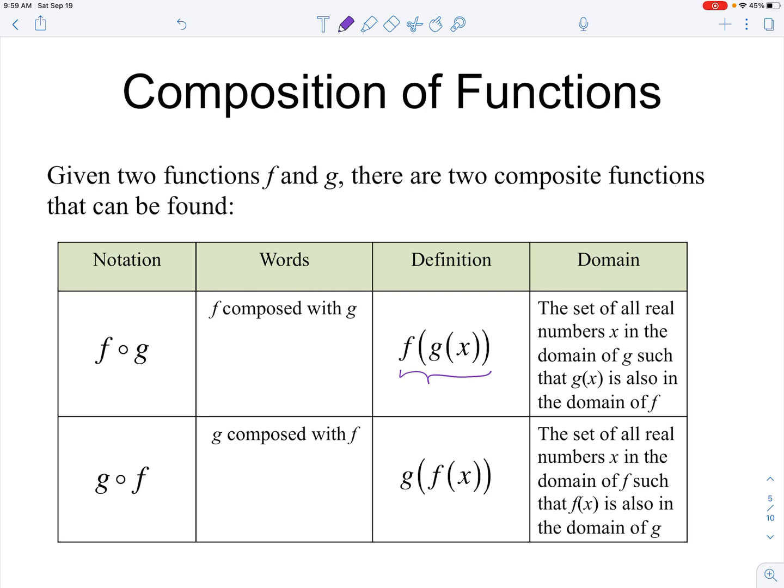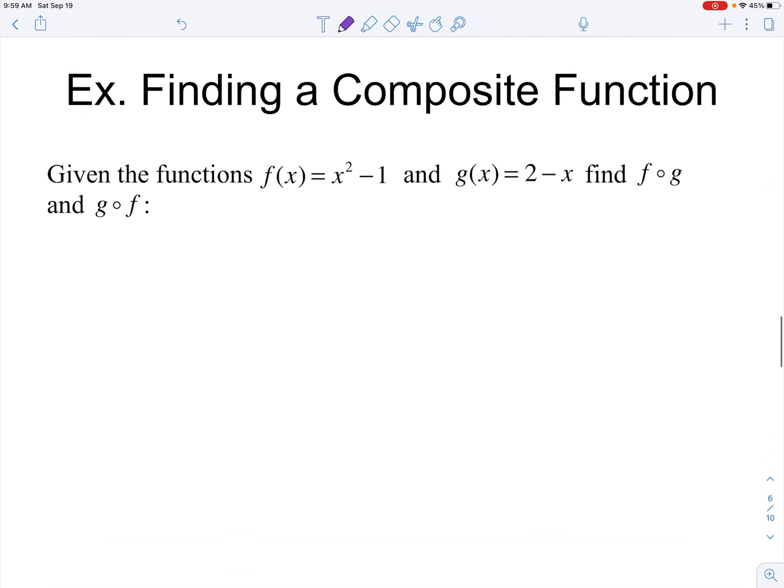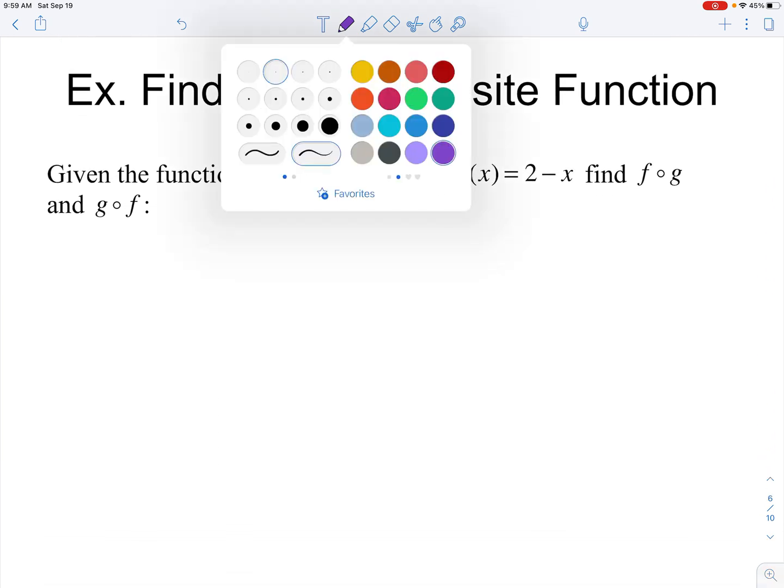There's a little definition of the domain there, but again, I think it's helpful to just look at what the domain is from when you first compose and before you do any major simplifying. And then g composed with f, where g is on the outside, f would be on the inside.